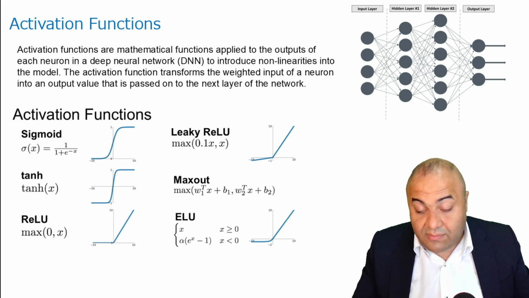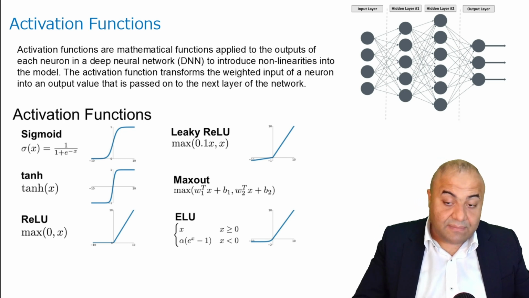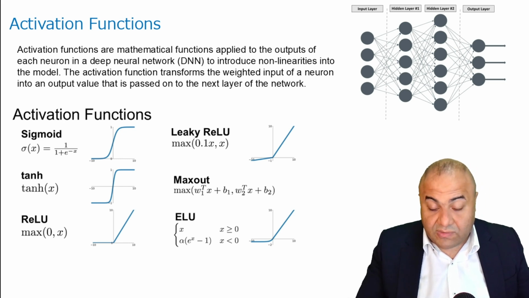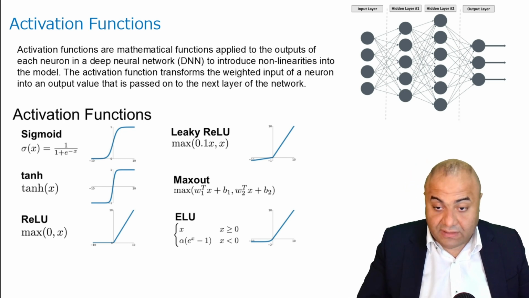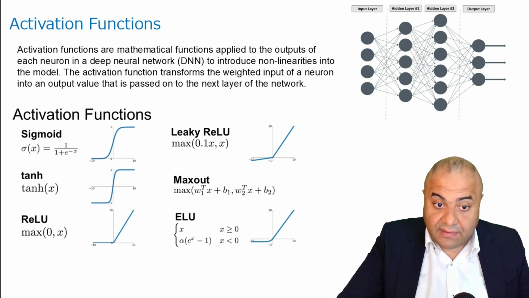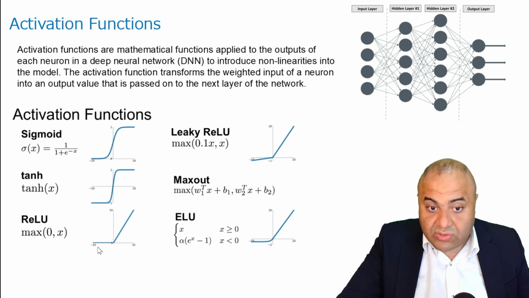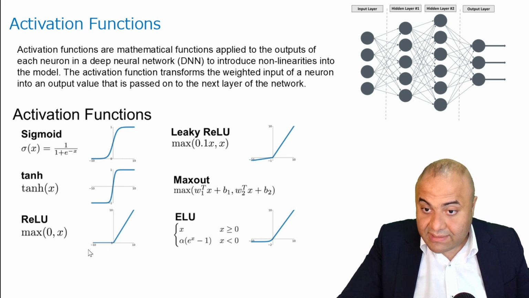However, we need to test some functions in order to get a good answer. One of the most popular activation functions is the ReLU function, in which if the value is negative, it returns 0, and if the value is positive, it returns that value.